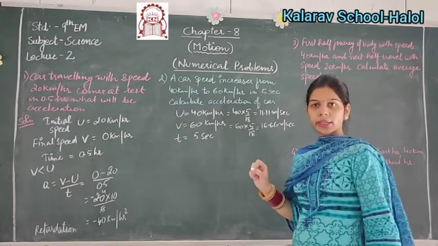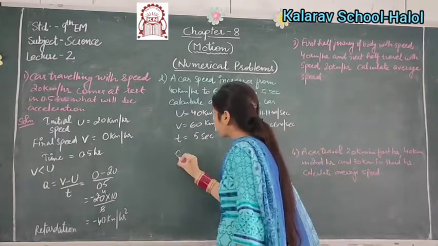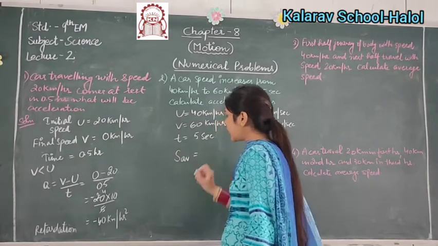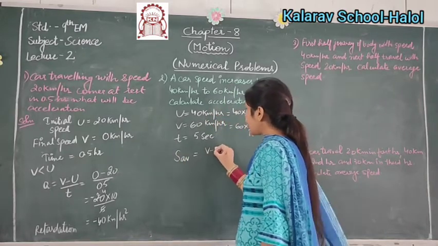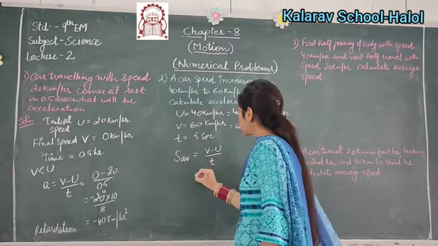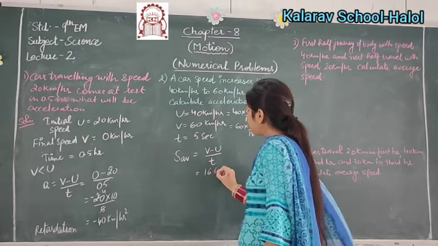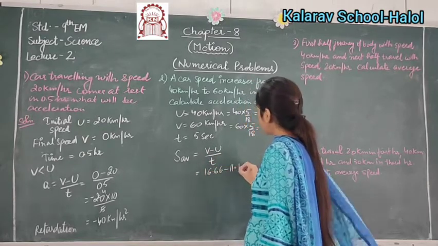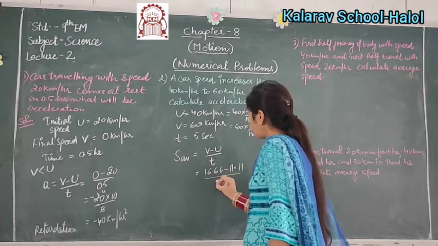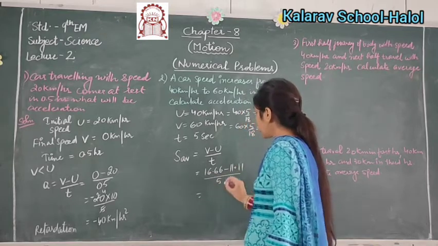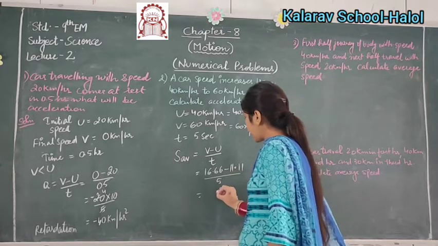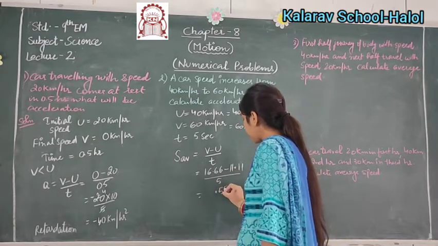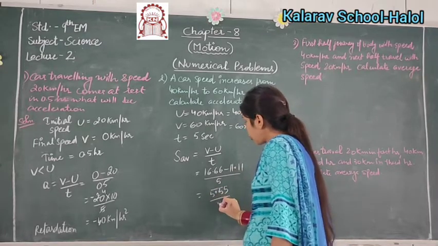You can calculate. So acceleration is (v minus u) upon t. It is (16.66 minus 11.11) upon 5. So 6 minus 5, so it is 5.55 upon 5.